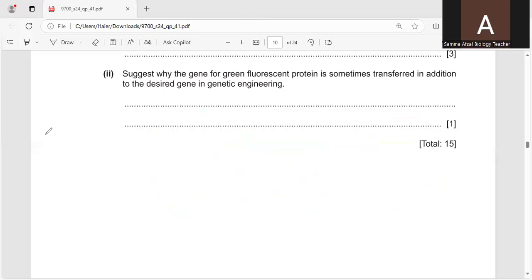Suggest why the gene for green fluorescent protein is sometimes transferred in addition to the desired gene in genetic engineering.